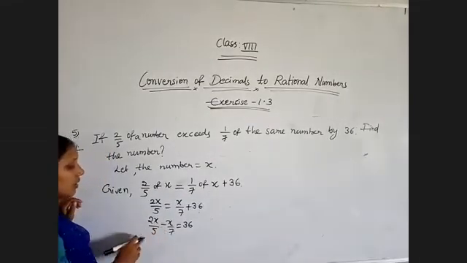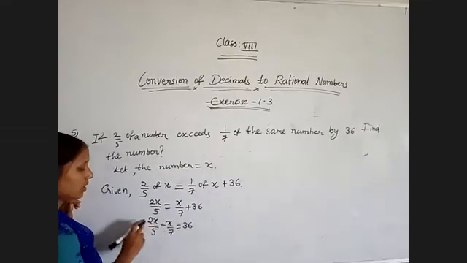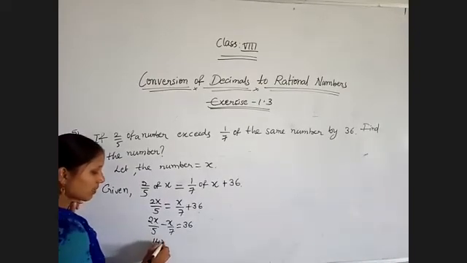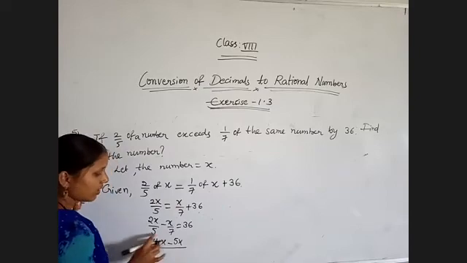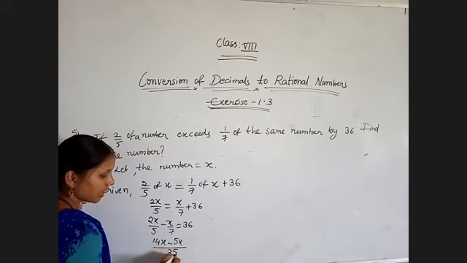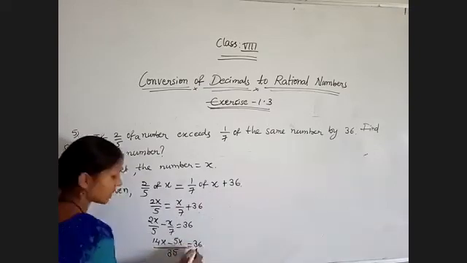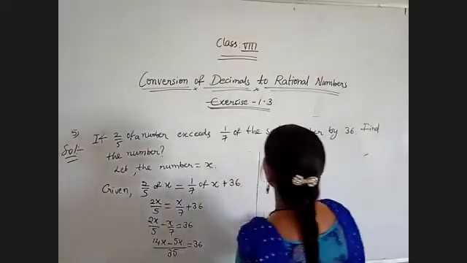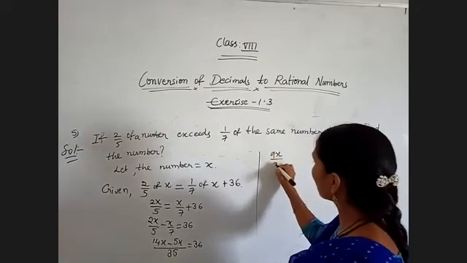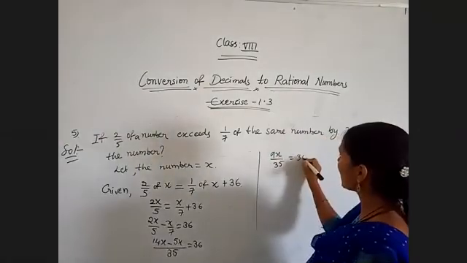So now go for cross multiplication. 2 7s are 14x minus 5 into x, over 5 7s are 35, is equal to 36. Now 14 minus 5, 9x by 35 is equal to 36.